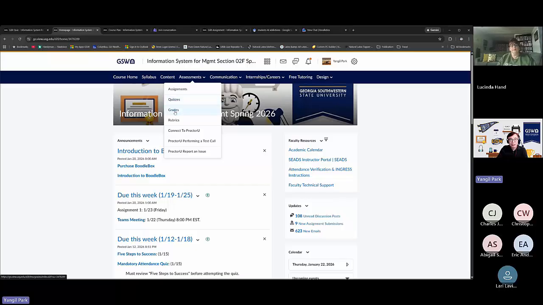And if you want to see the grades, it's right there. And if you want to connect to ProctorU so that you can schedule your proctored exam, you click there, then you can log in. Or if this is the first time, you need to sign up for a ProctorU account. We'll have two ProctorU exams, the midterm and the final.